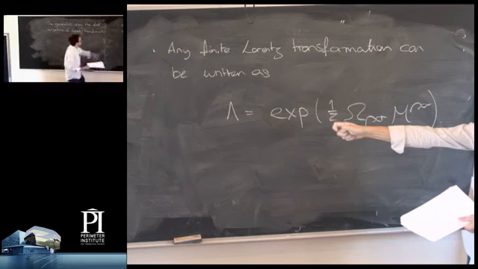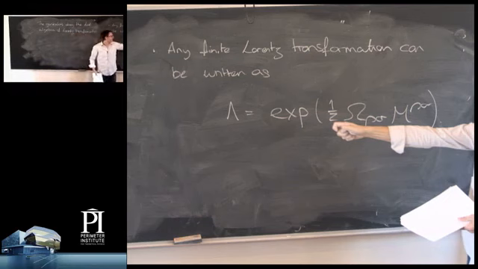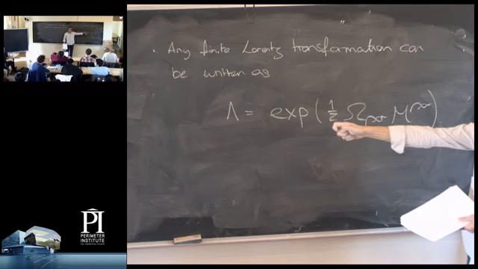Oh, but by the way, this 'any' isn't quite right. Strictly speaking, these are Lorentz transformations that are connected to the identity. So there's something like doing a parity transformation, a reflection, which you can't get this way. You have to add an extra couple of operations to get the full Lorentz group. We'll come to that later.